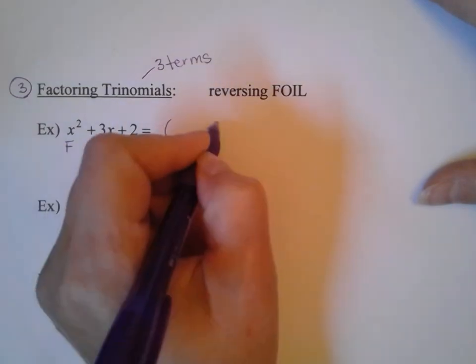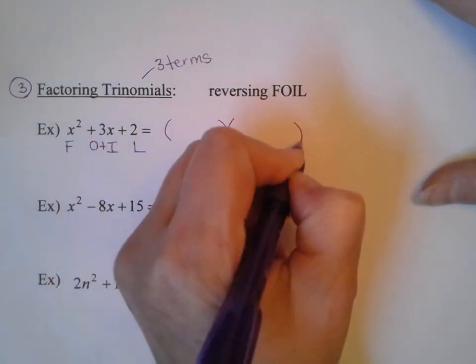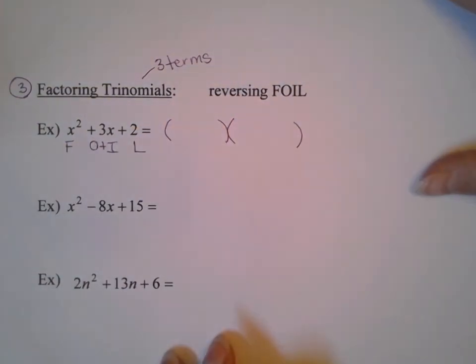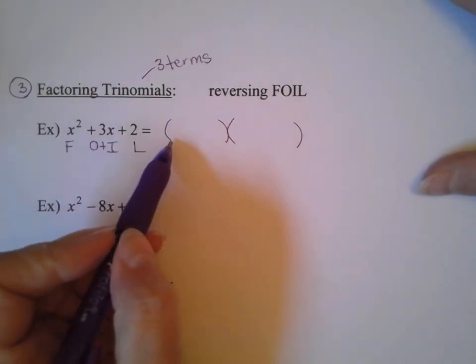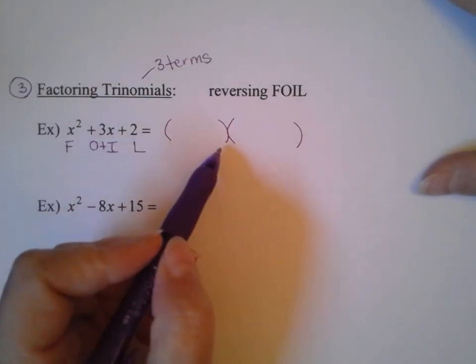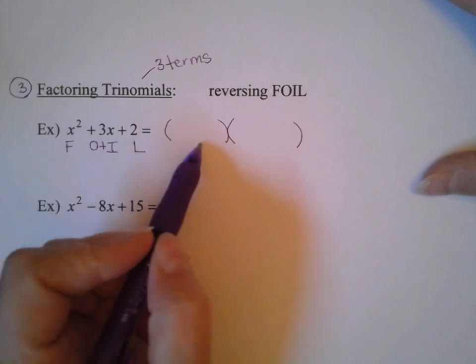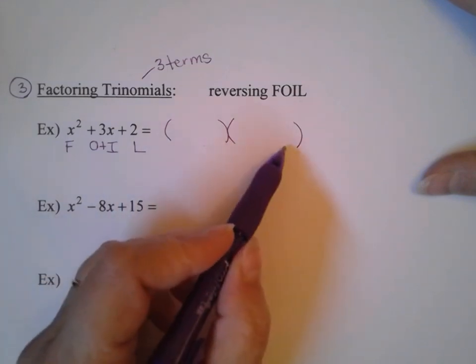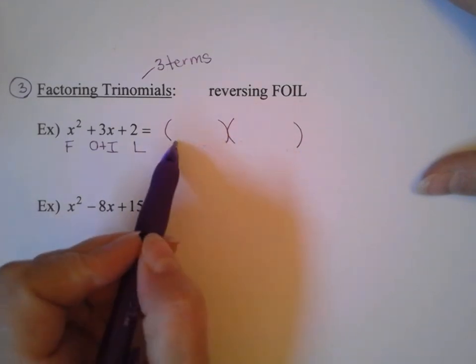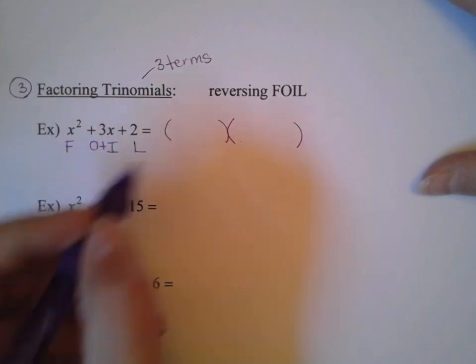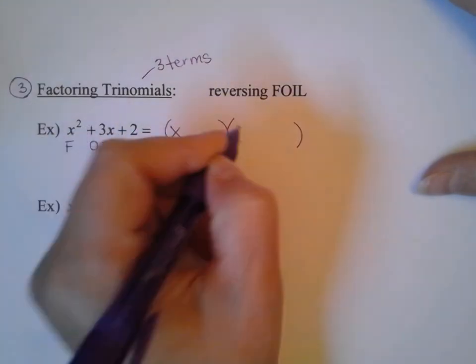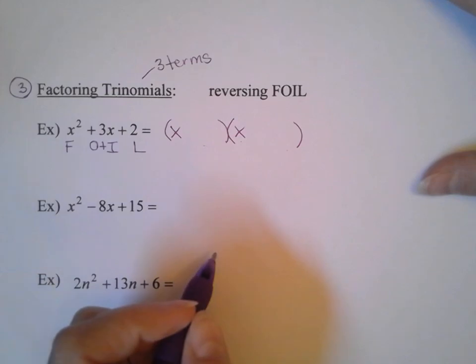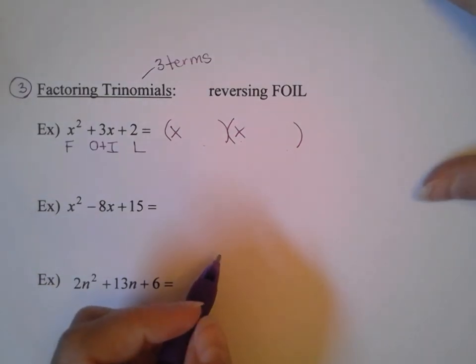I always start out with this one because it's super simple, just to give you the basic idea. So we have two parentheses with two things in each parenthesis, and the first times the first should multiply to be x squared. Since we would like a variable in each parentheses, x and x is the most obvious choice.